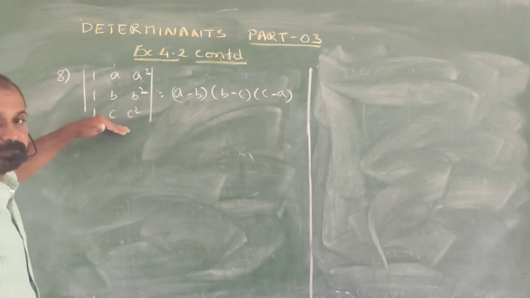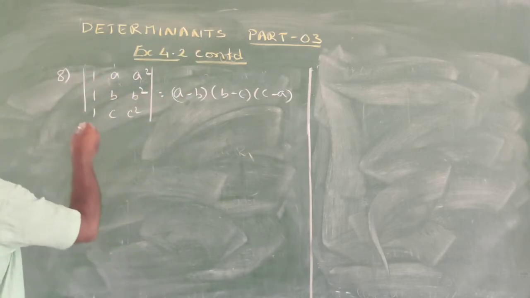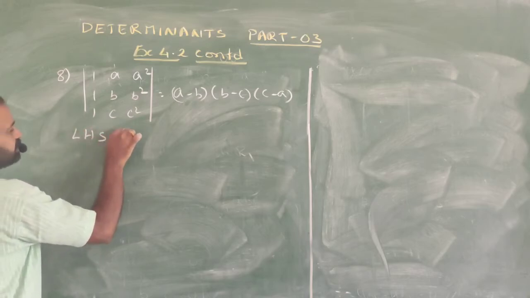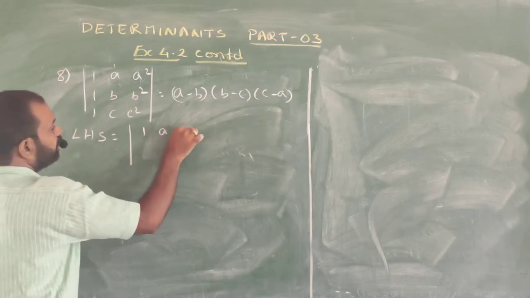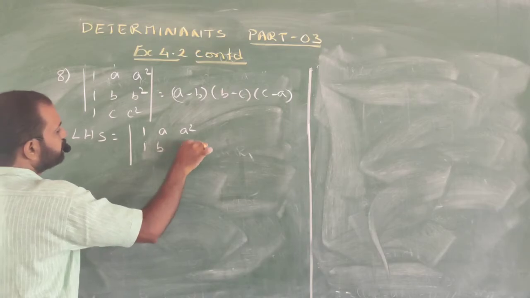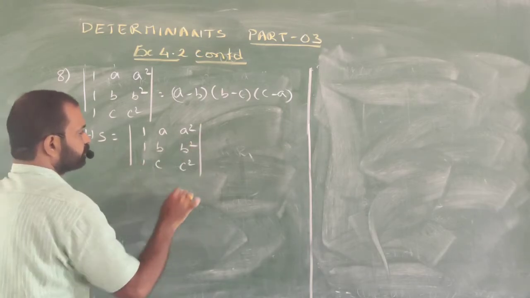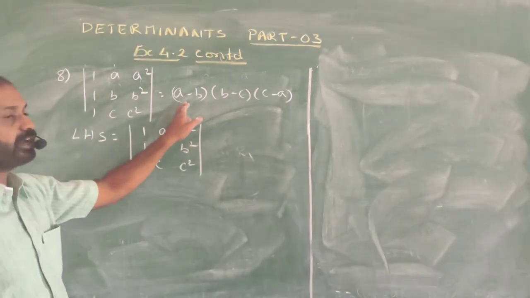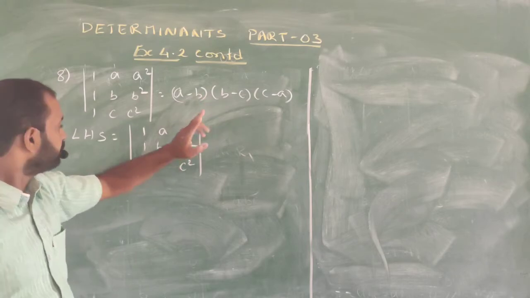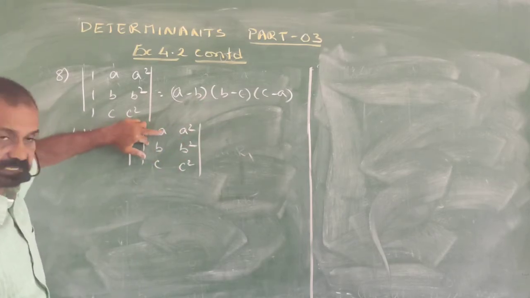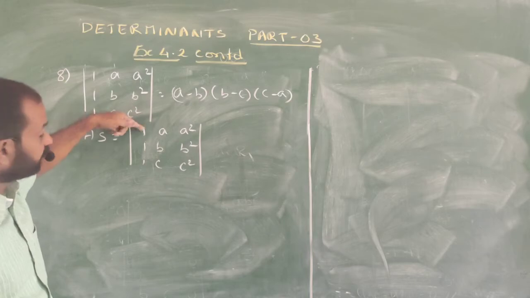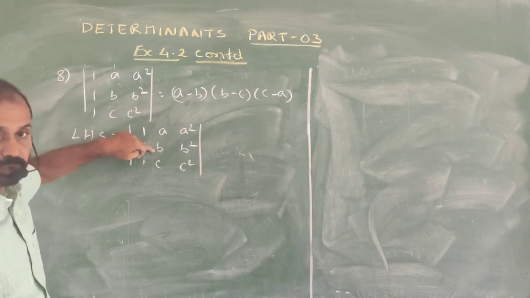But in this problem, what operations shall we do? So LHS is equals to 1, a squared; 1, b squared; 1, c squared. Now we need a minus b. A minus b means R1 as R1 minus R2.